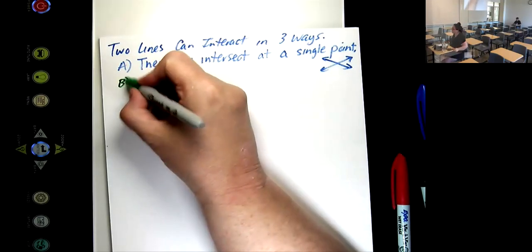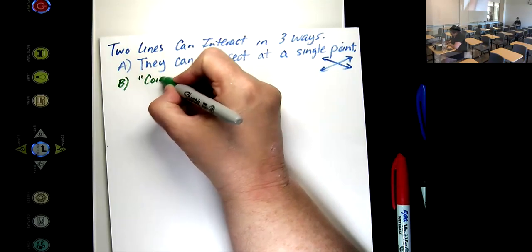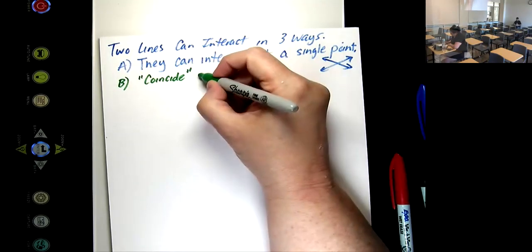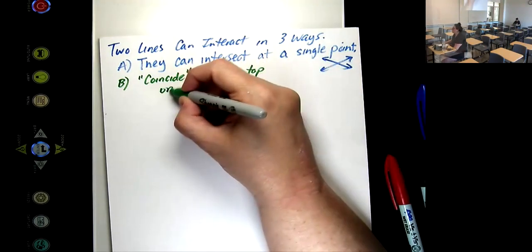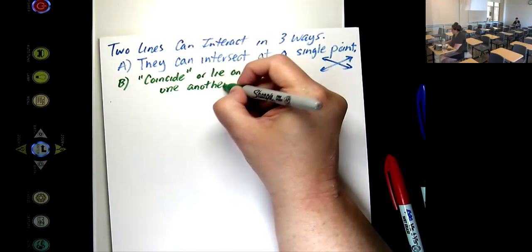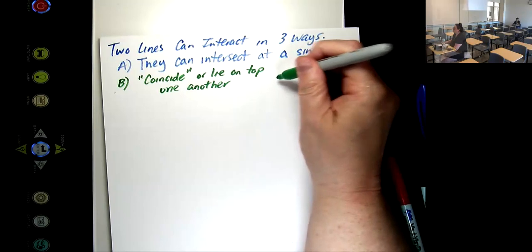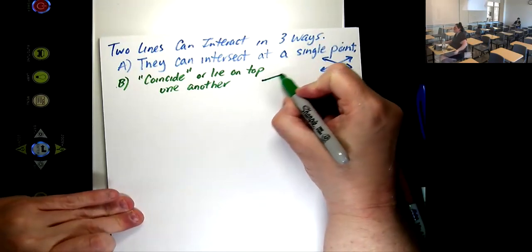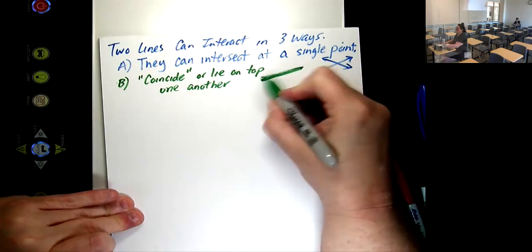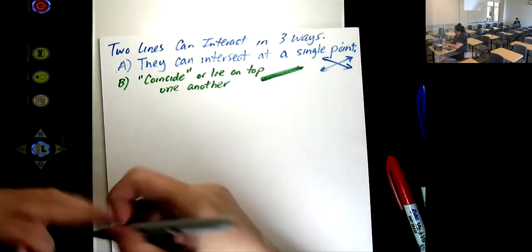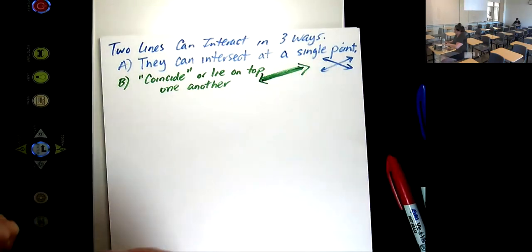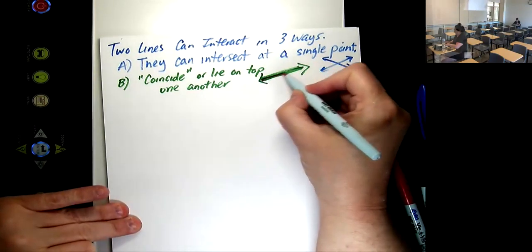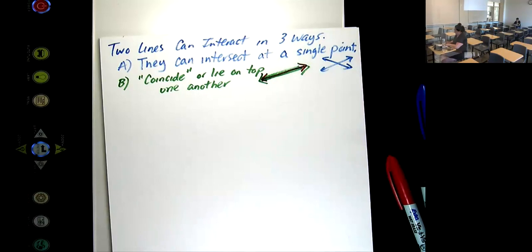Option B is they can coincide, or lie on top of one another. So I'm gonna maybe do this with one thick line, if I can, to indicate that underneath line. I put arrows on it, and then the other line is right on top of that. That's not too bad.